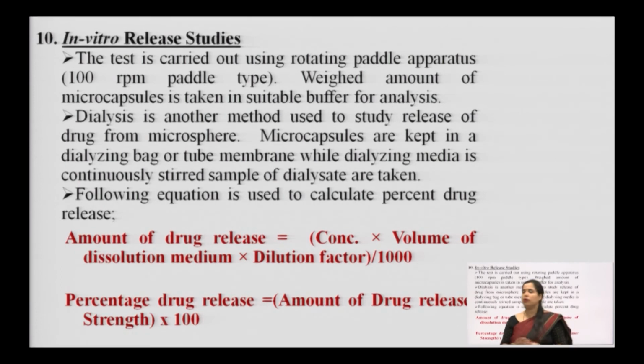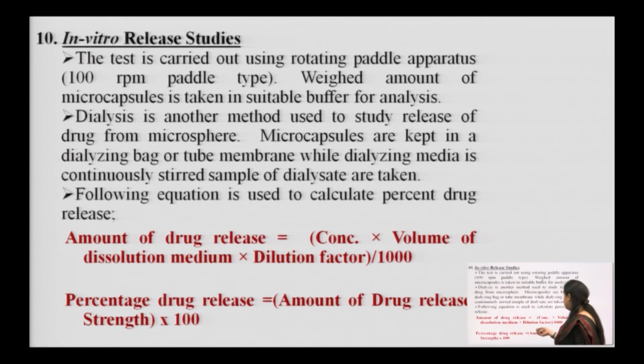If you are not adding, then you have to put the dilution factor at every interval, that if in 900 ml you take 5 ml, then it will become 895 ml, right. So, accordingly the dilution factor will be calculated.